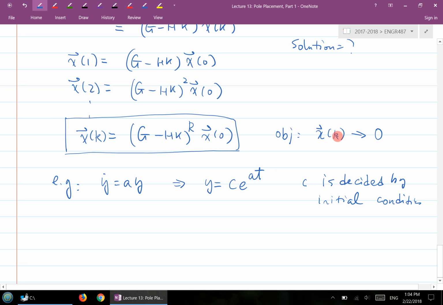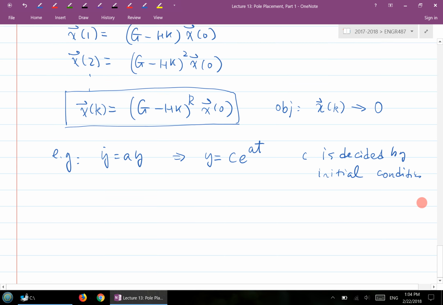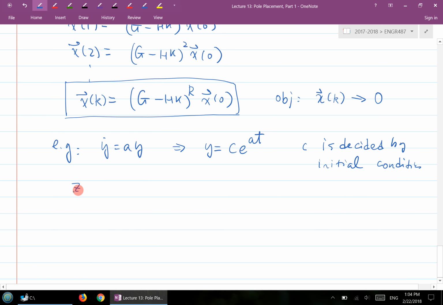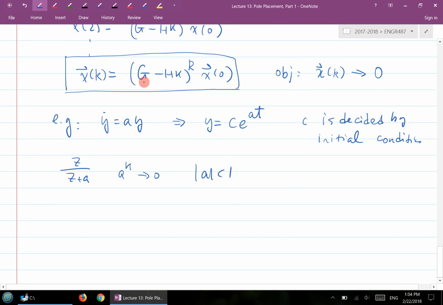Sometimes it's hard to differentiate when you write in handwriting. Okay. That can also be explained: when you have a pole here, so this a to the power of k goes to 0, then the absolute value of a needs to be less than 1. In this particular case, of course, let's go back to the general case.